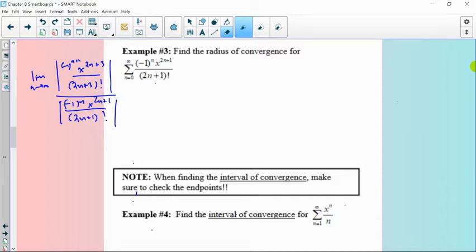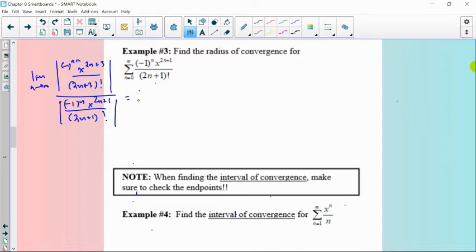The reason it's 2n plus 3, if you haven't recognized that these are odd powers for x, is that the next odd power would have to add 2 more, so plus 3. Okay. Then when we do the reciprocal, the alternating part will cancel.